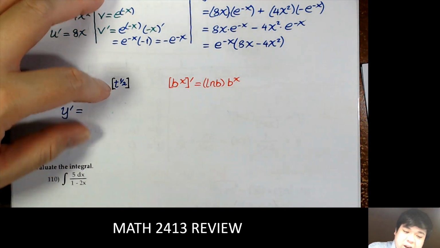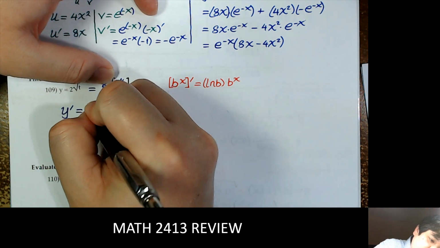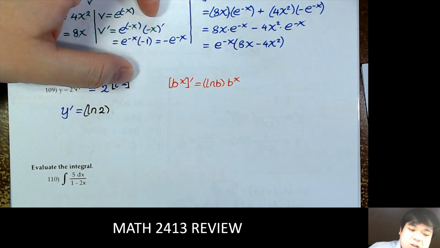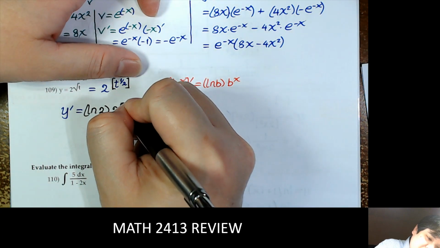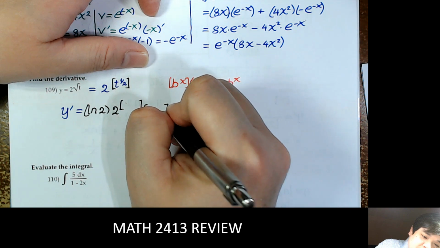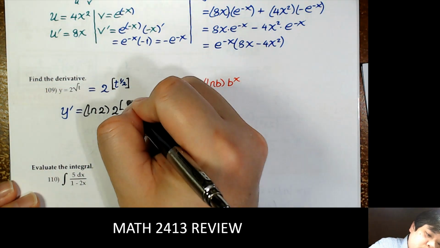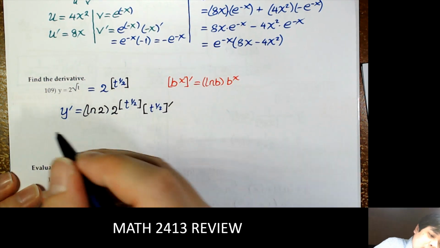So we just have to have the ln of the base 2 and then pretty much the same thing. And then derivative of whatever is inside the bracket. So that is the chain rule. Right.